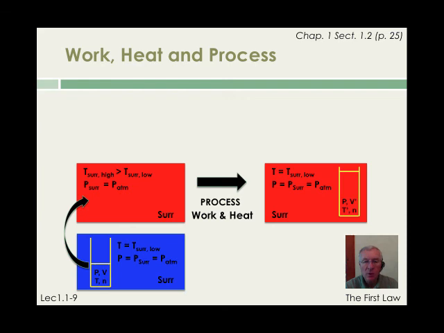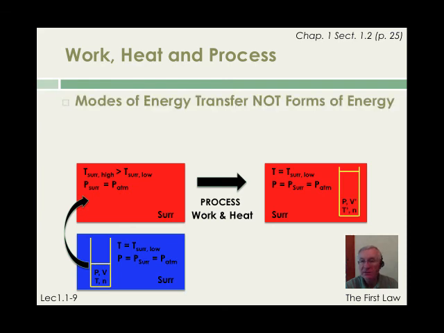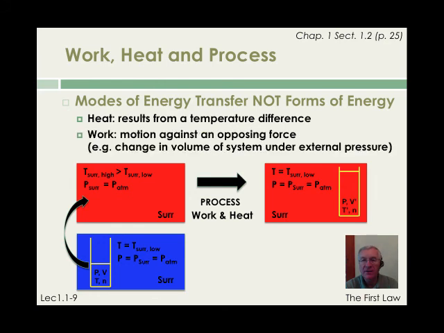We say that work and heat are not different forms of energy, they are different forms or modes of energy transfer. Heat results from a difference in temperature, while work is associated with some motion against an opposing force. Here, work results from the motion of the piston against the external pressure and the increase in the volume of the gas.